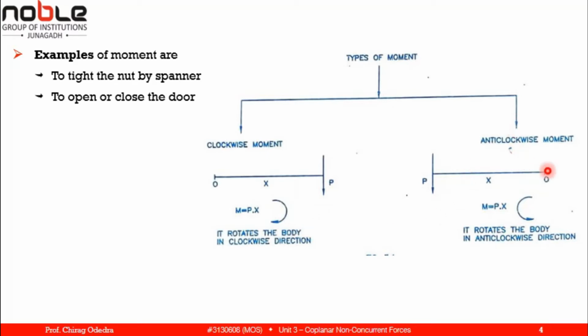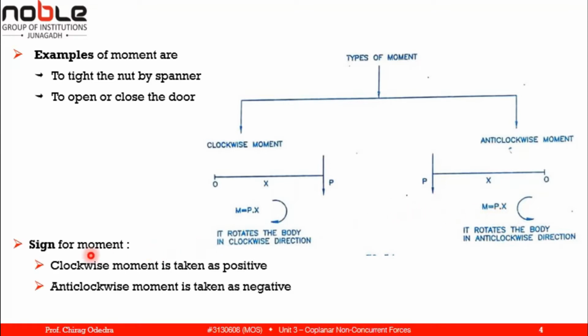Similarly, anti-clockwise movement, we have to find the moment on point O. So this force P rotates this body in anti-clockwise direction. So this is anti-clockwise movement, right? And there are some sign conventions for moments. That is, clockwise movement is taken as positive, and anti-clockwise movement is taken as always negative.